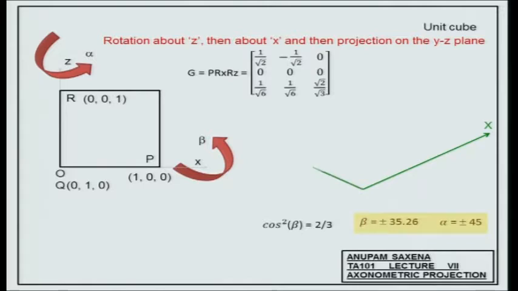The x axis is oriented at 30 degrees from the horizontal. The y axis is also oriented at 30 degrees from the horizontal and the z axis remains vertical.